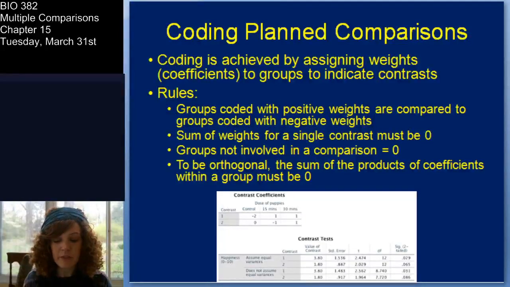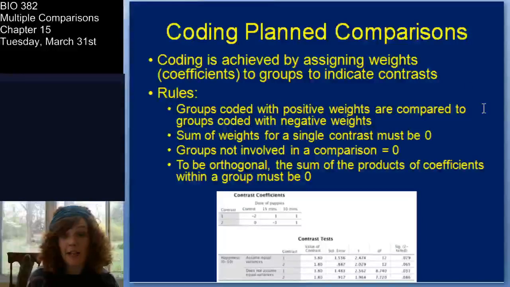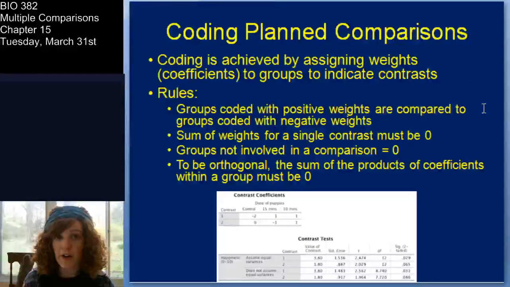Okay. All right. So you code your contrasts to ensure that they are orthogonal. Basically all you're going to do is assign weights to your groups, and that shows what the contrasts are. You create a table.